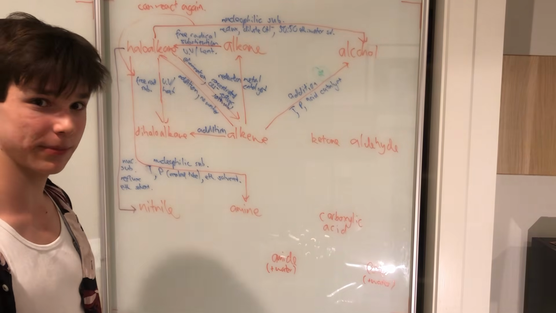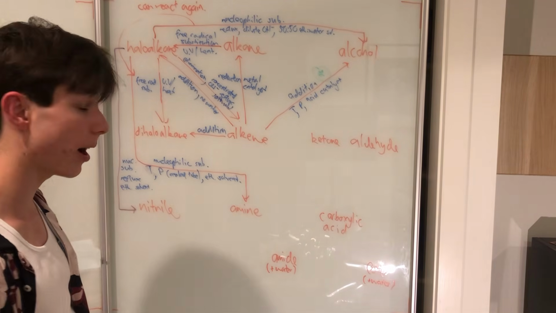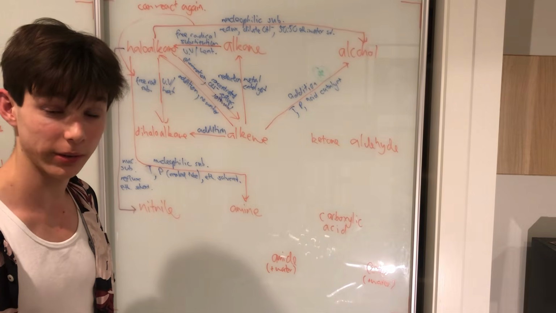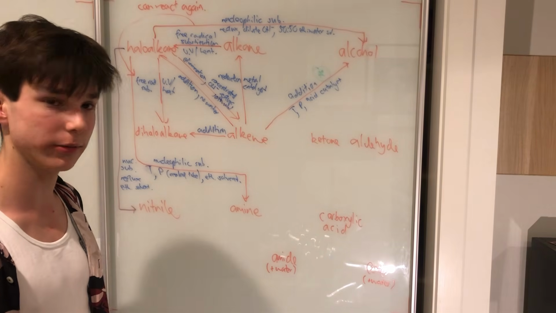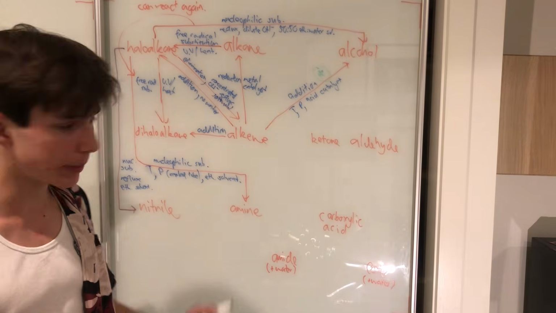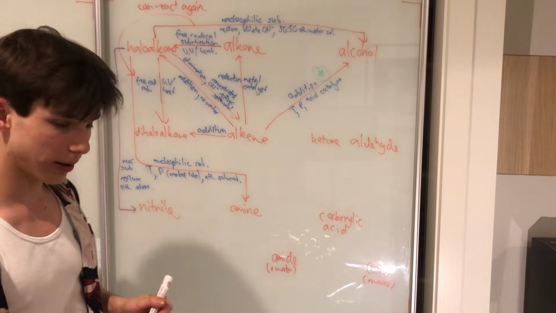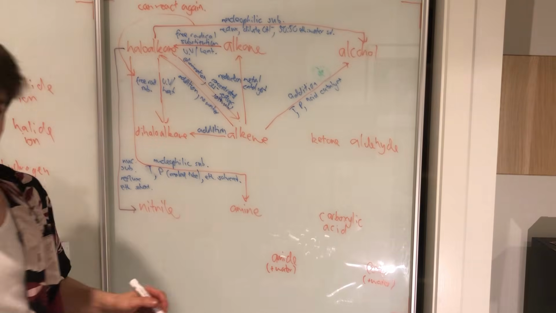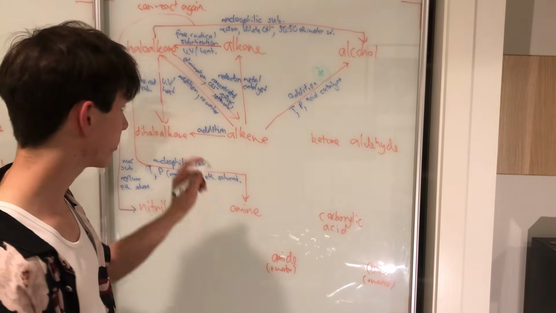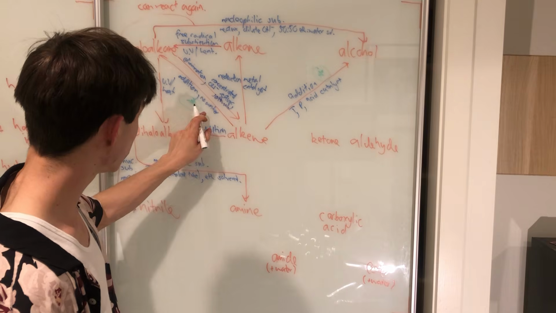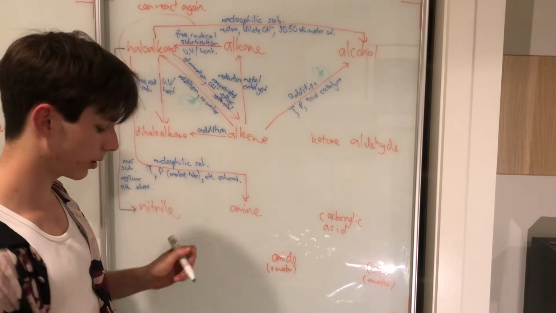Alkene to haloalkane. Addition reaction, we were adding a hydrogen halide across the double bond, like HBr, for instance. H on one atom, Br on the other atom. We go from alkene to haloalkane. If it's asymmetrical, we're adding two different things. Remember Markovnikov's rule. So for this reaction here, we've got Markovnikov's rule applying, yeah?